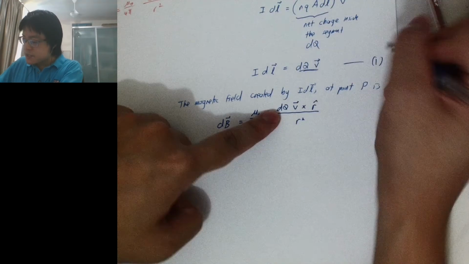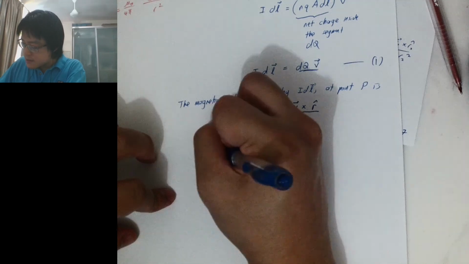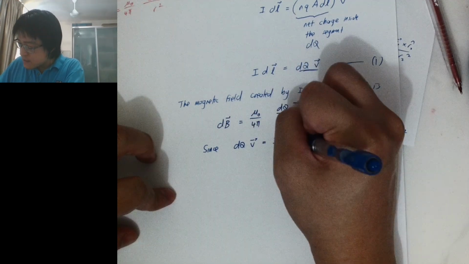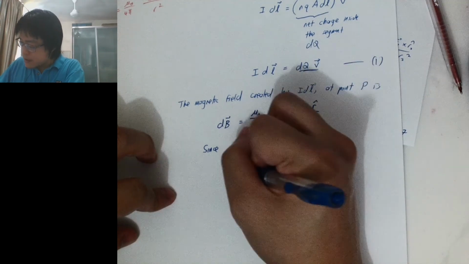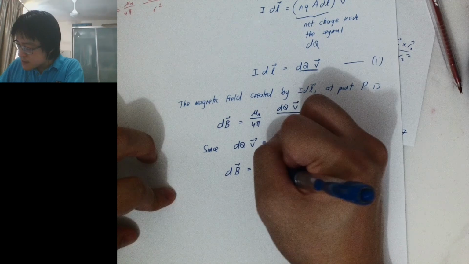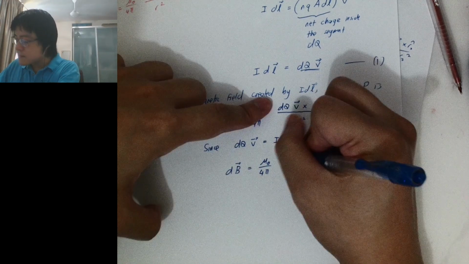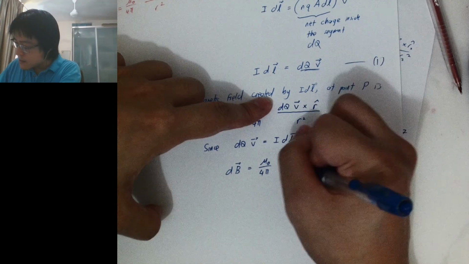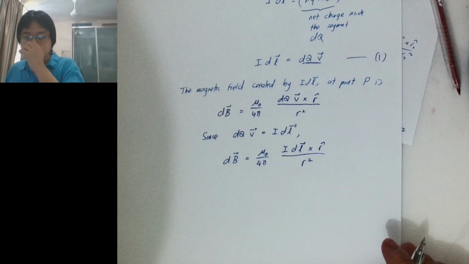From this equation, since this dqv equals idl, my infinitesimal magnetic field created by this segment is just idl cross r hat divided by r squared.